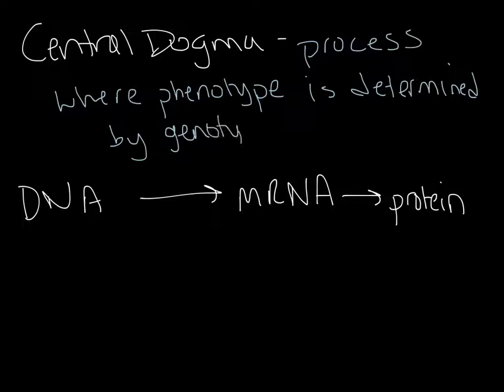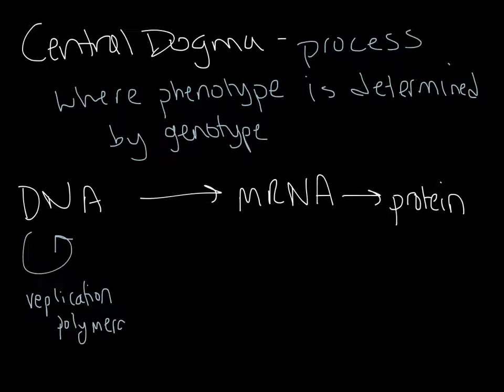The way that works is through this process listed below, where your DNA determines your protein. From DNA, there's replication. You learn about a couple of key enzymes, such as DNA polymerase and helicase. You also learn about transcription, where DNA becomes messenger RNA, based on base pair rules.